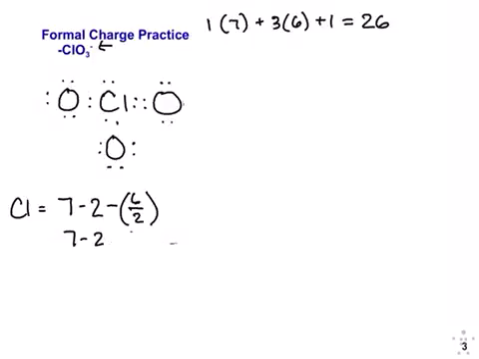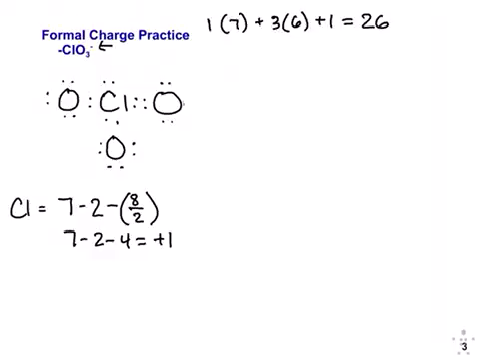We still have 7 valence electrons on chlorine, and we still have 2 lone electrons. But now, how many do we have involved in the bonds? We have 8. So 8 divided by 2 is 4. And what is our formal charge here? It would be positive 1, right? Okay, so that was good.